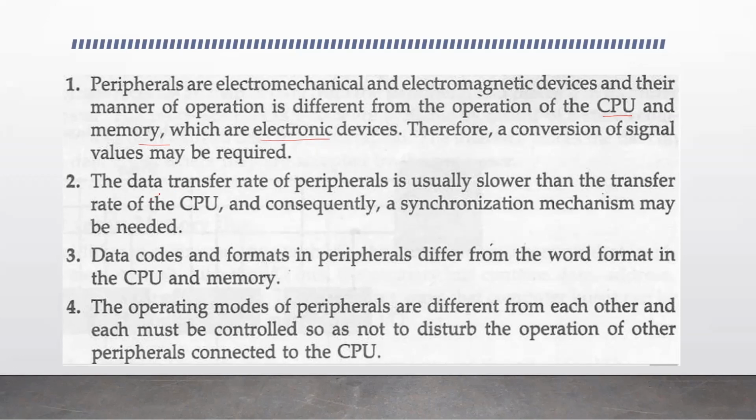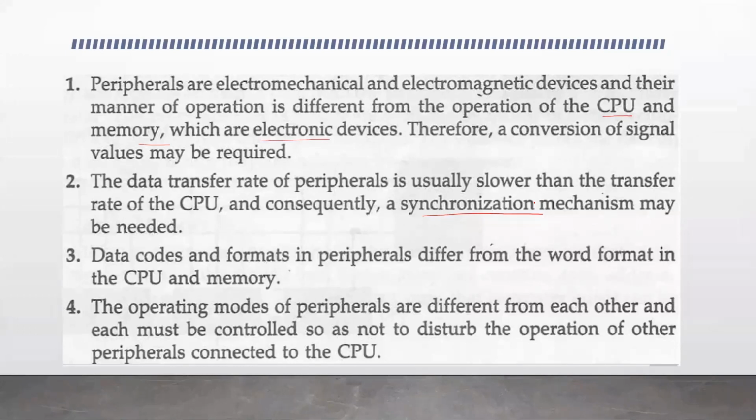And the other difference: the data transfer rate of peripherals is slower than the transfer rate of the CPU. So a synchronization mechanism is needed. If we compare the data transfer rate, the transfer between memory and CPU is much faster when compared between the other components and I/O devices.